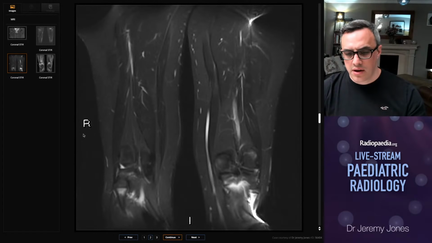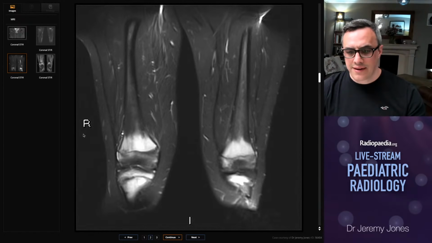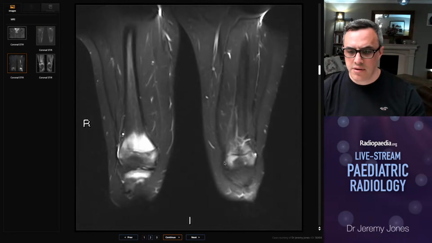And just compare that edema that we saw in that last case with the edema that we see here. You know, widespread, confluent, really bright edema in the metaphysis extending over into the epiphysis.